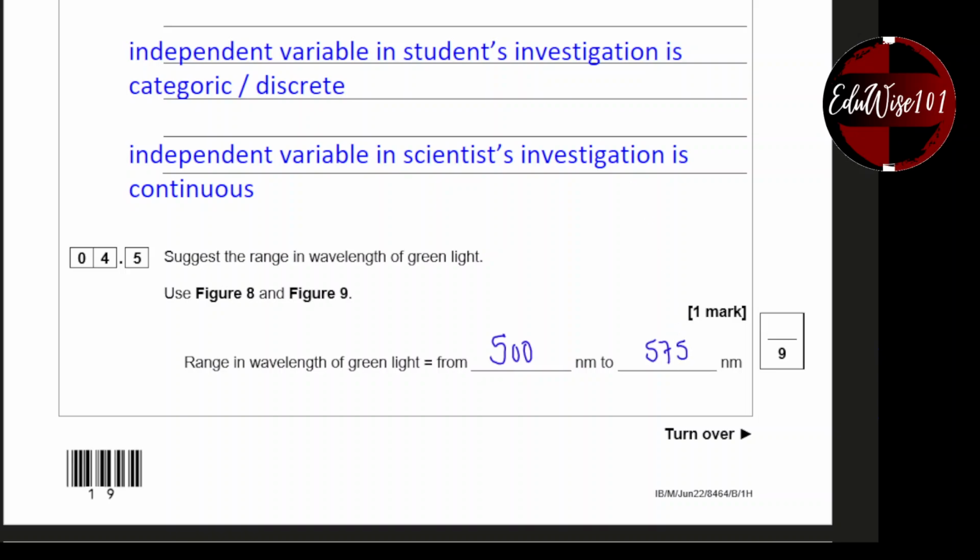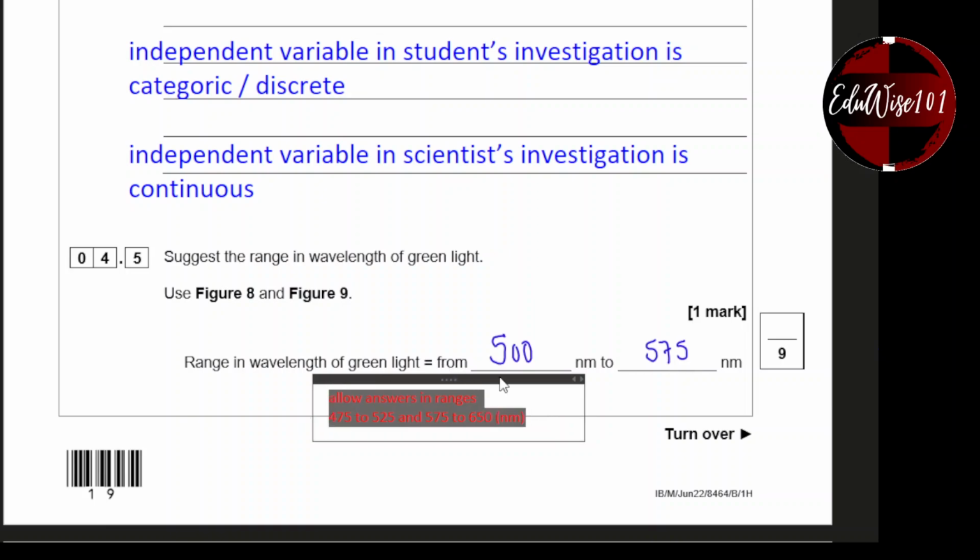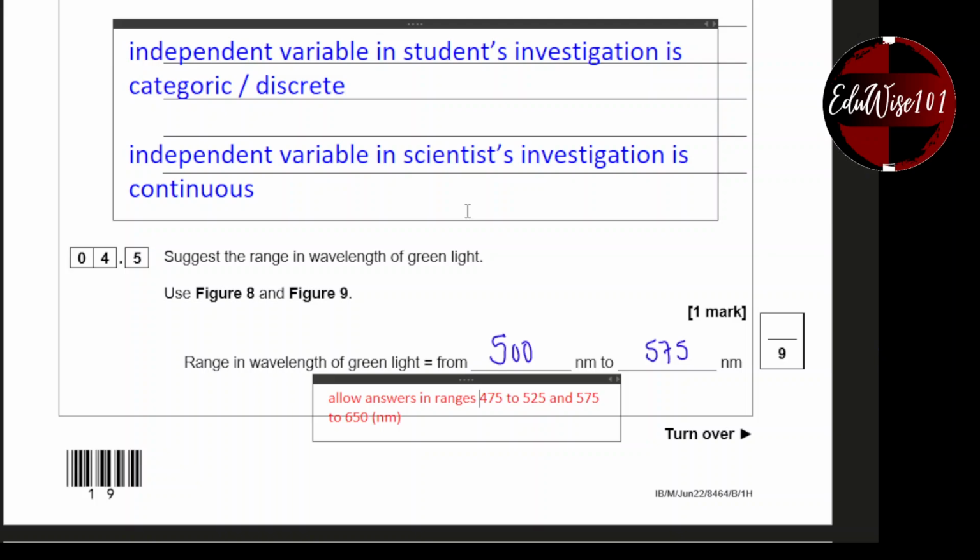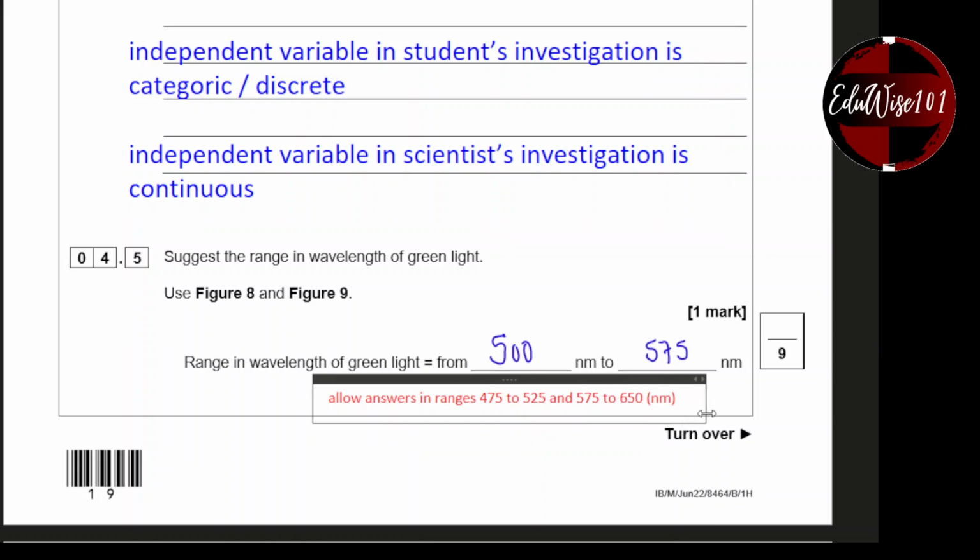Now, if you look at the marking scheme, it actually gives you a range of this. Allow answer in ranges. So the starting range could be between those two numbers, 475 to 525. And the end range could be between those two numbers, which I have just picked right at the edge. So that should give you the 1 mark for that.